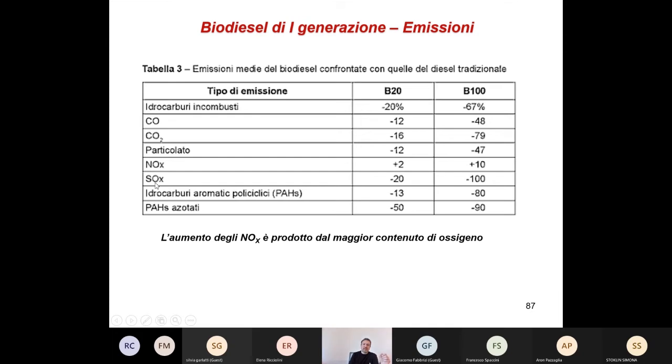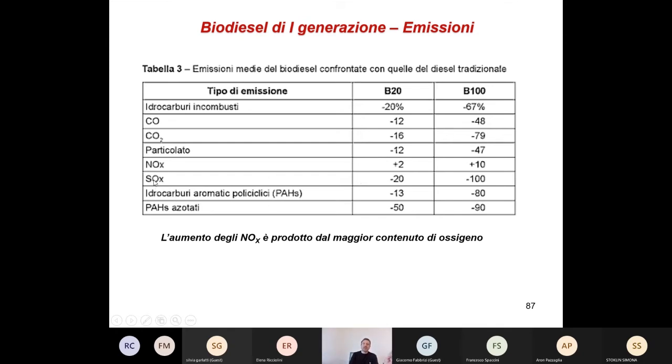You reduce, of course, CO2, CO, and particulate matter, the very dangerous matter. You produce just a little more NOx, nitrogen oxides, due to the elements present in the biodiesel, so you can have a very low increase of NOx. Of course, you reduce SOx because you don't have sulfur in biodiesel, so you can see minus 20%, minus 100%.